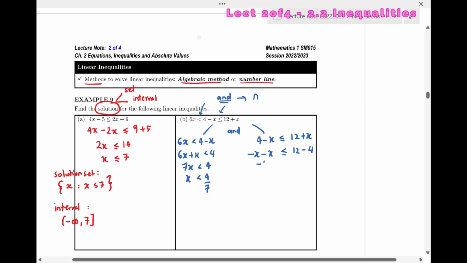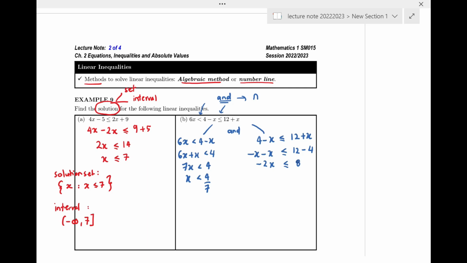So I have negative 2x less than or equal to 8. I can see I have negative 2 there. When I divide both sides of this inequality by negative 2, of course, the sign will change. 8 divided by negative 2 is negative 4. I'll be highlighting this change of symbol due to our division by a negative number.